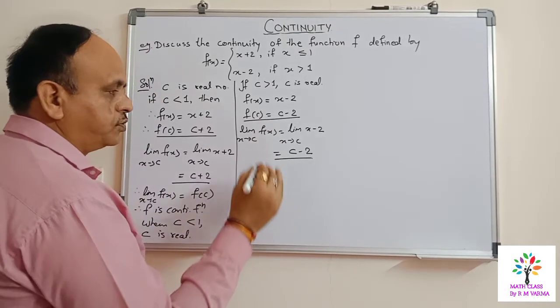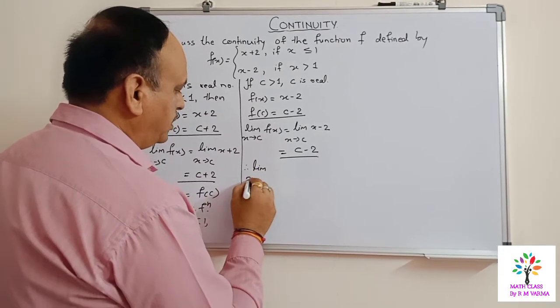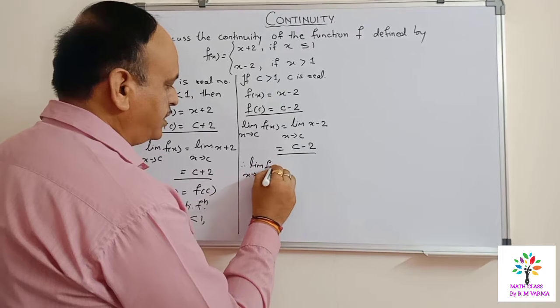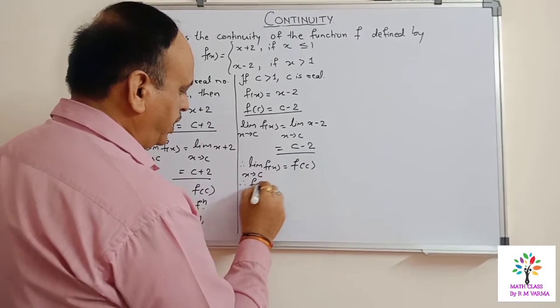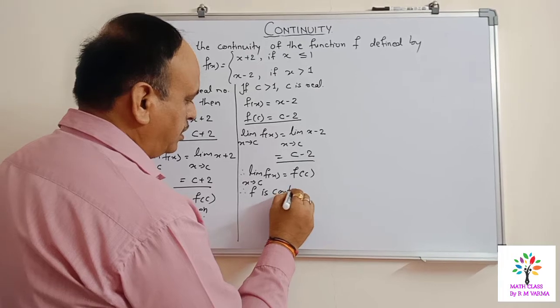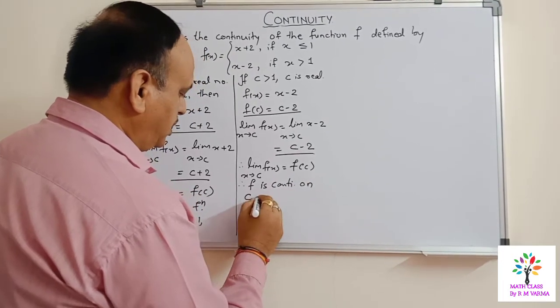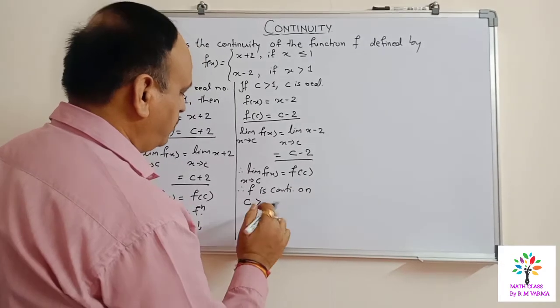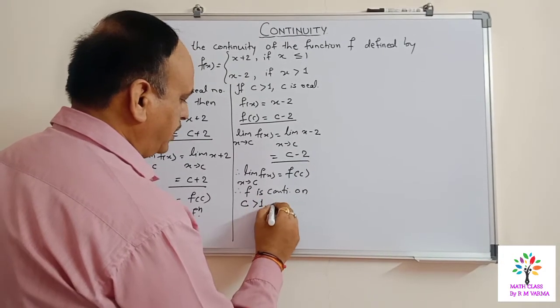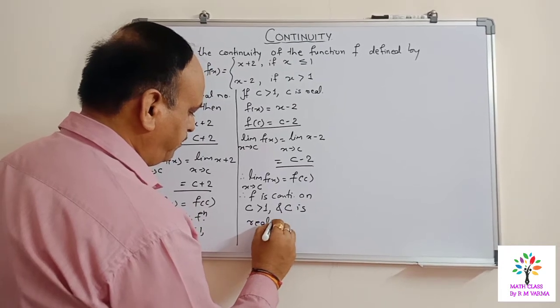Again the values are the same, so it is continuous. Therefore, limit as x tends to C of f(x) equals f(C). Therefore, f is continuous for C greater than 1 and C real.